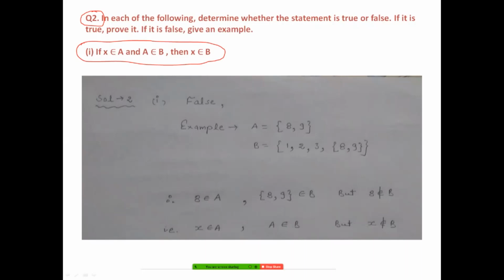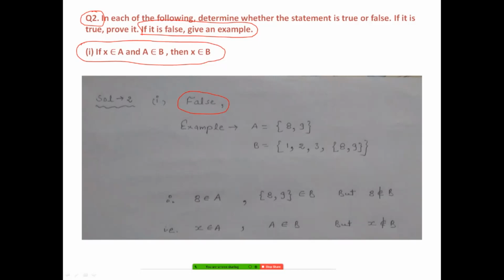So first of all, I am declaring here this statement is false. According to the question, if this is false, give an example. So I am producing here the example. Let A is equal to {8, 9}. B is equal to {1, 2, 3, {8, 9}}.